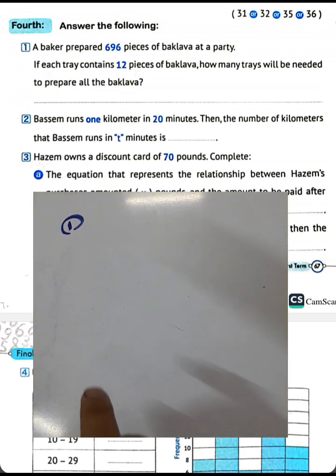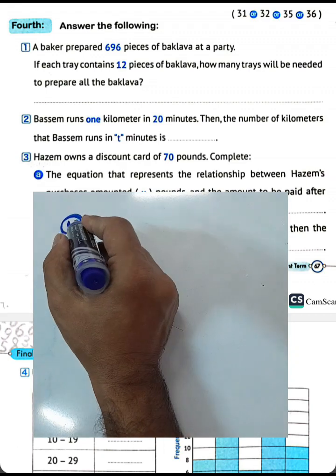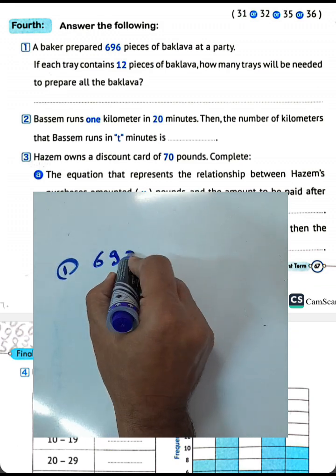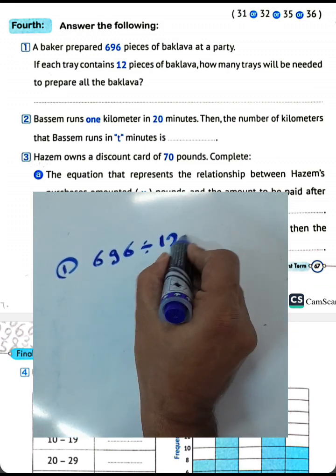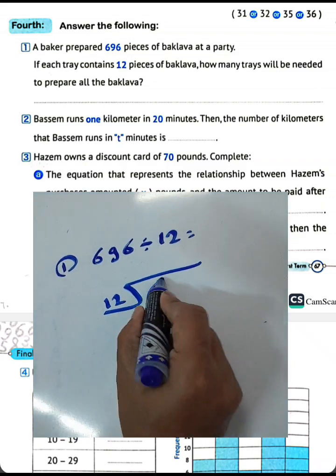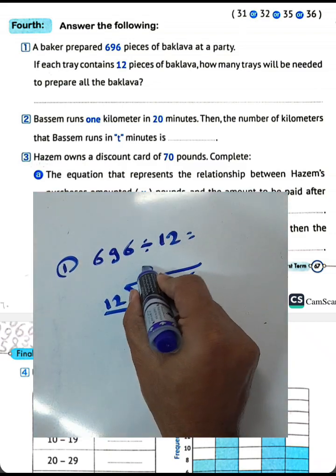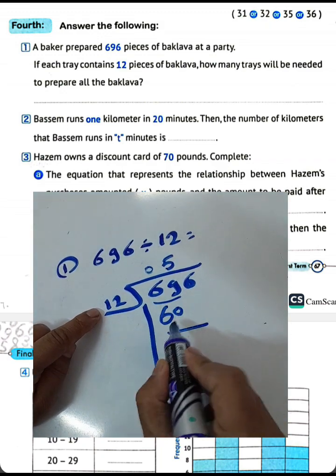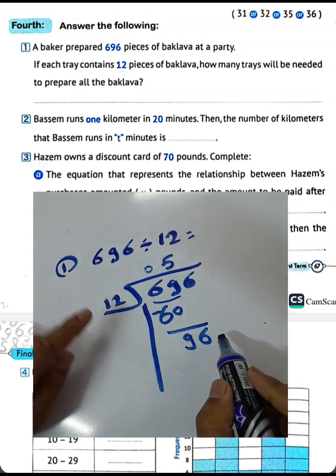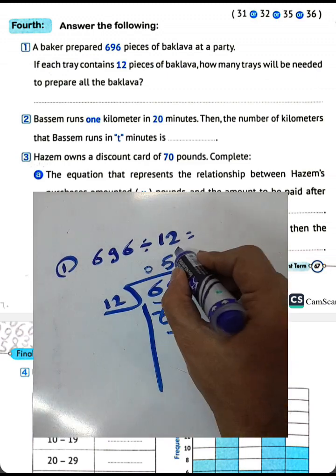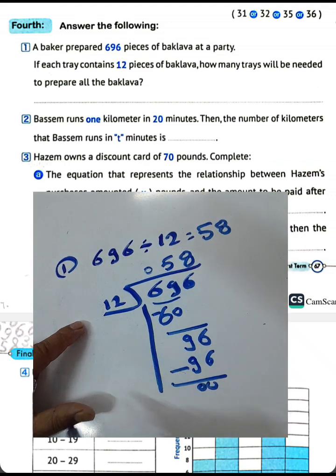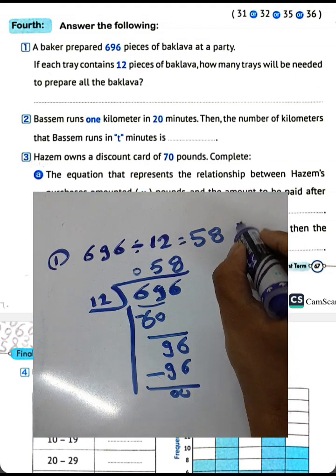We can use long division. 696 divided by 12. 69 divided by 12 equals 5, because 5 times 12 equals 60, and the difference is 9. Then drop 6. 96 divided by 12 equals 8, because 8 times 12 equals 96. Then the result will be 58 trays.